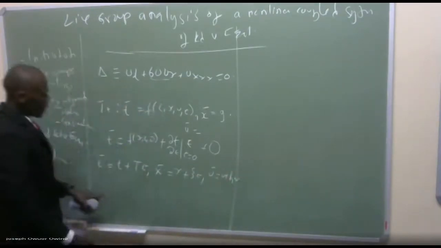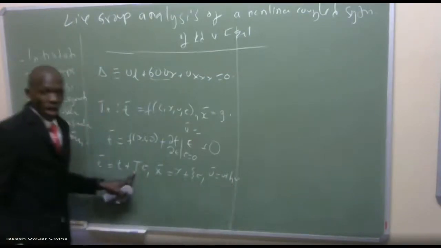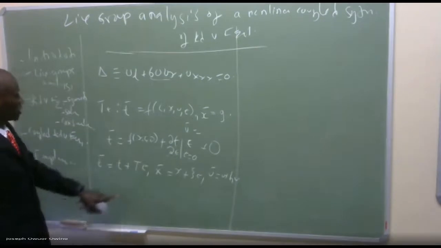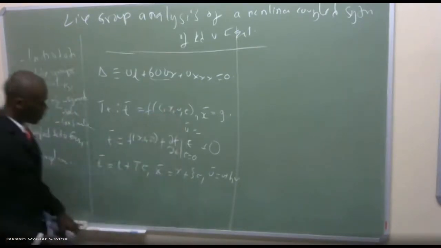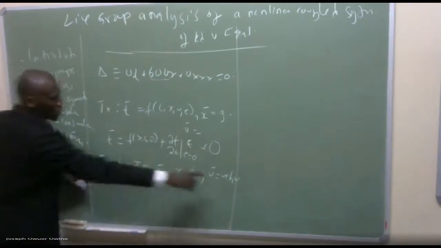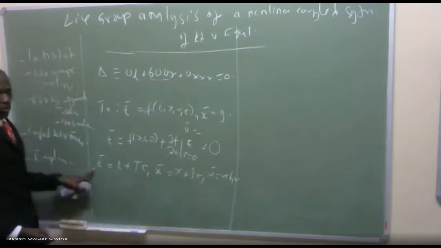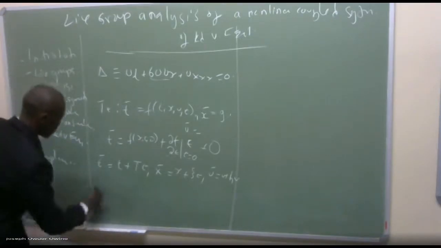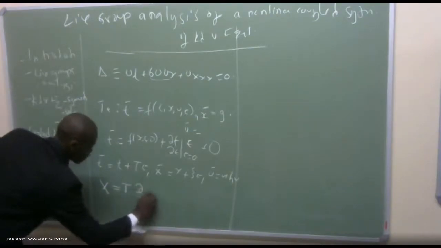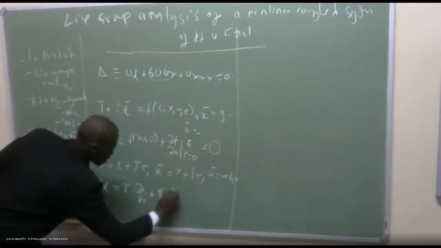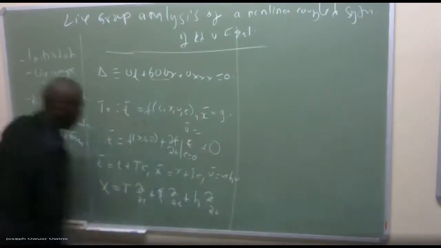So this tau, psi, and eta are called infinitesimals, and they are functions of the space variable, time variable, and the dependent variable. Now, this gives me infinitesimal transformations, and to this infinitesimal transformation, we can associate a vector field of the form tau del over del t plus psi del over del x plus eta del over del u.